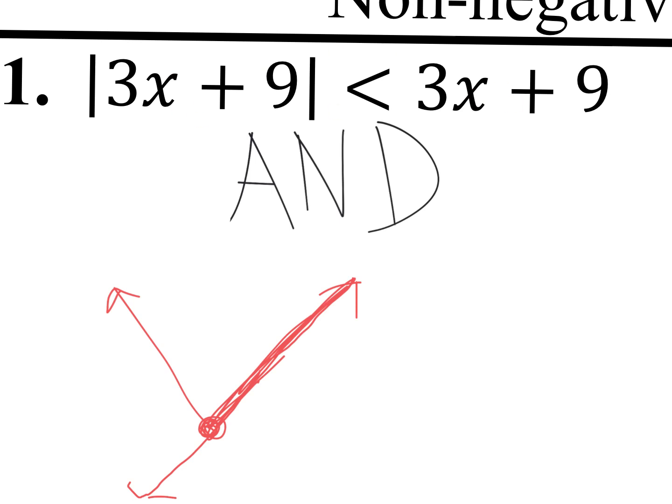So this is impossible. So the final answer is going to be no solution. If you recognize that from the beginning, you can be like, hey, this is no solution because of all of what I just said. If you didn't know that, will the answer show up mathematically? And the answer to that is yes, and I'll show you why right now.